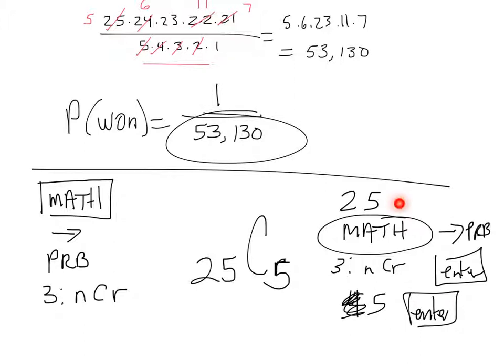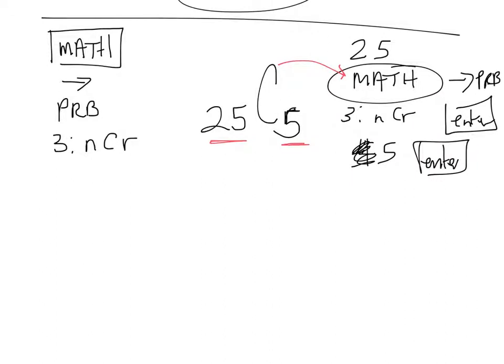So: 25 total objects, math, arrow over to probability, down to combinations, and right above it is permutations if you need it. Then type the number 5. I'm typing this number, getting this formula, and then typing that number, and I get the same answer. So it's a very quick way to find combinations.